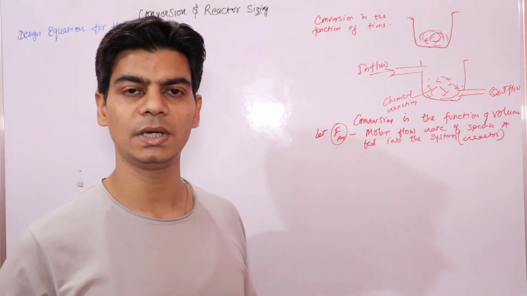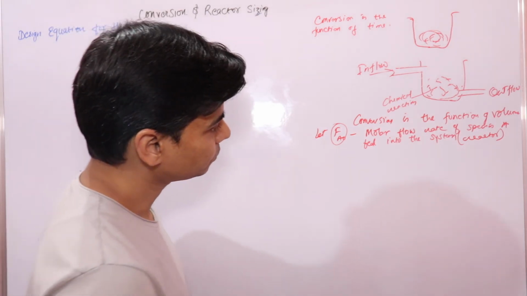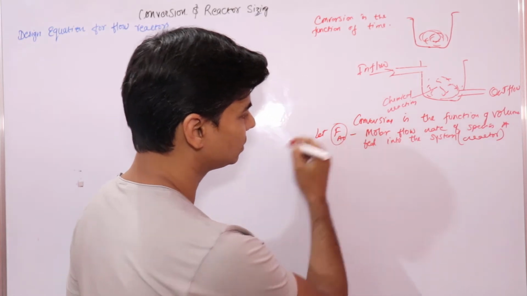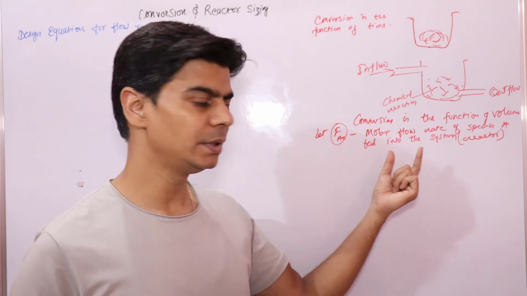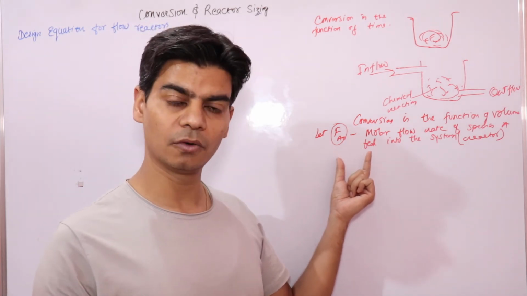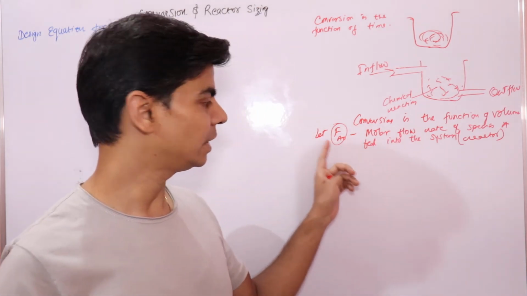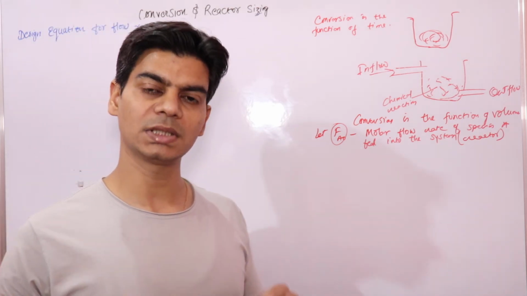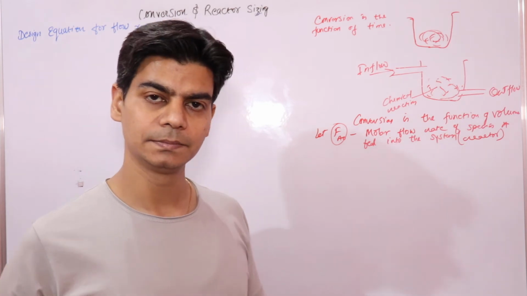Using that, we'll get to know the conversion. So we know that if FA0 is the molar flow rate, that is, the number of moles of A being fed into the system, then what is the number of moles that is reacting inside the reactor?